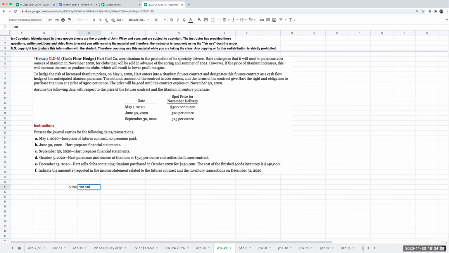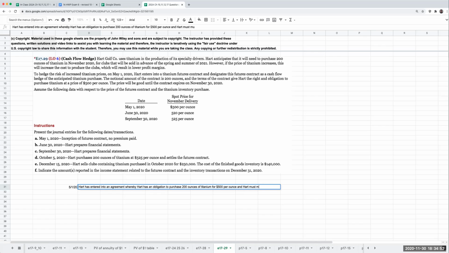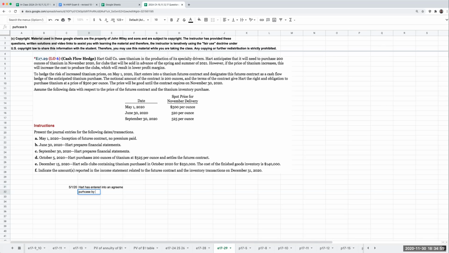It would be something like: Hart has entered into an agreement whereby Hart has an obligation to purchase 200 ounces of titanium for $500 per ounce, and Hart must make this purchase by November 30th, 2020.